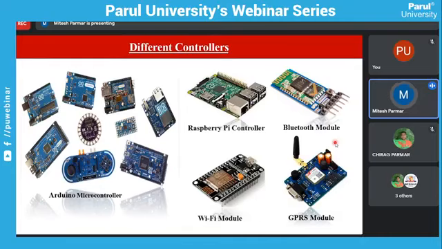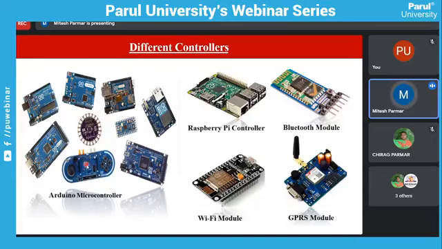That is possible by using different types of controllers, because the controller can access the internet via a Wi-Fi module, a Bluetooth module, or the internet service provider or LAN modules. By using these modules, your microcontrollers or microprocessors can connect with the internet and transfer your sensor data to the IoT cloud. All of you might know about the Arduino controller and Raspberry Pi controller.